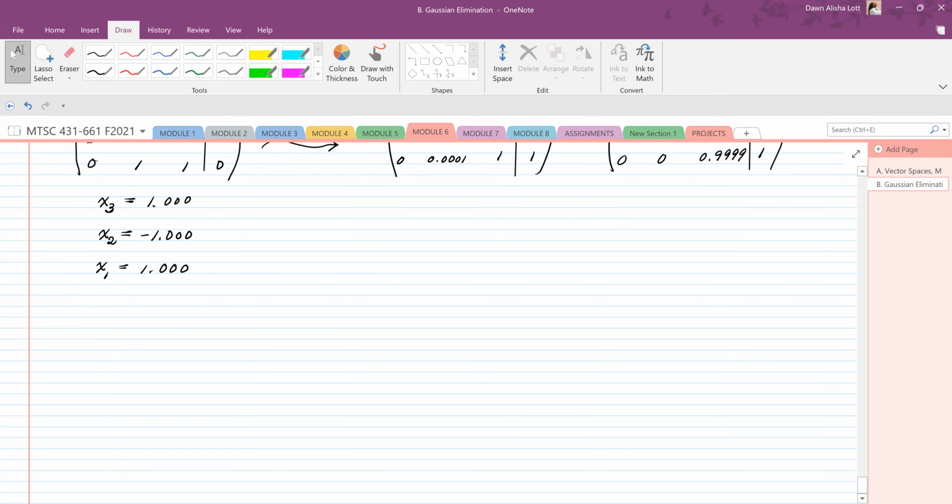So we have an algorithm. Okay, so we have k equal to 1 all the way up to n minus 1.